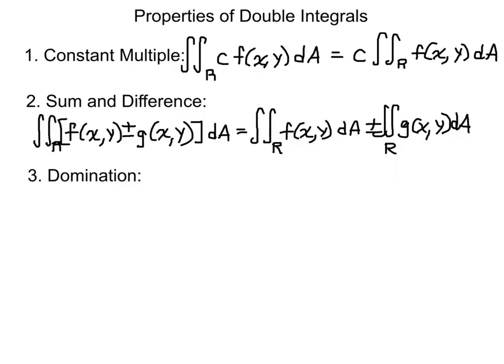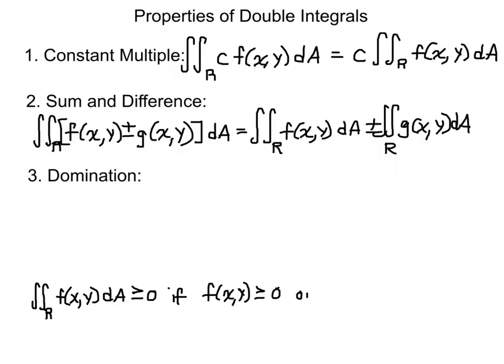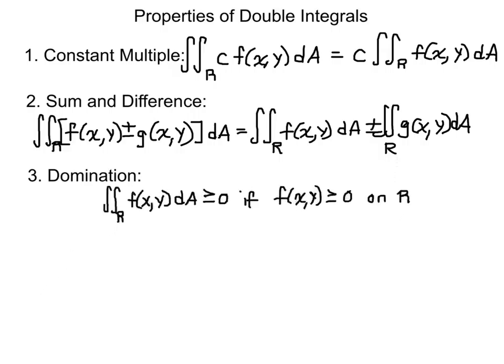Our next rule is the domination rule, and it says that if we have a double integral over a region of our function f of x, y, and it's greater than or equal to 0, this is true if and only if f of x, y is greater than or equal to 0 on the region R. That's the first part of the domination.